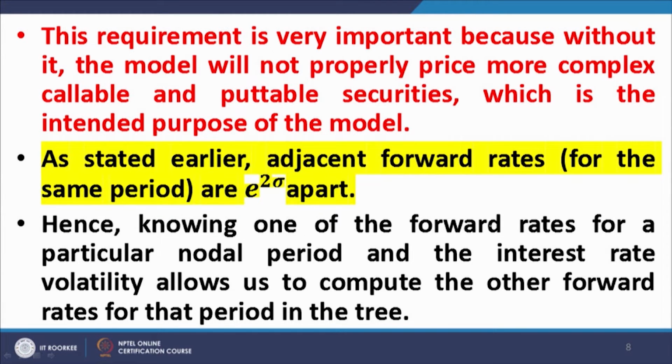Hence, knowing one of the forward rates for a particular nodal period and the interest rate volatility, that is sigma, we are able to compute the other forward rates for that period in the tree. If we know any one single rate and we know sigma, because the adjacent nodes corresponding to the same time period are e to the power 2 sigma multiples of each other, we can derive the entire spectrum of forward rates.